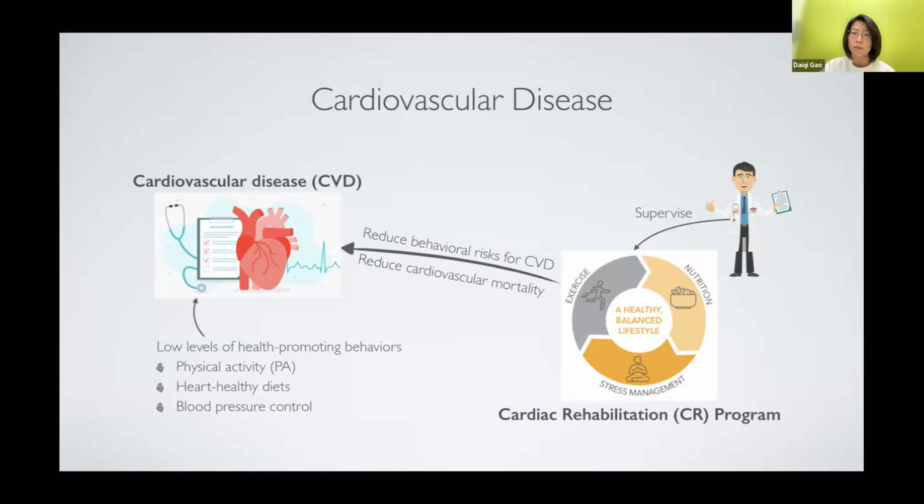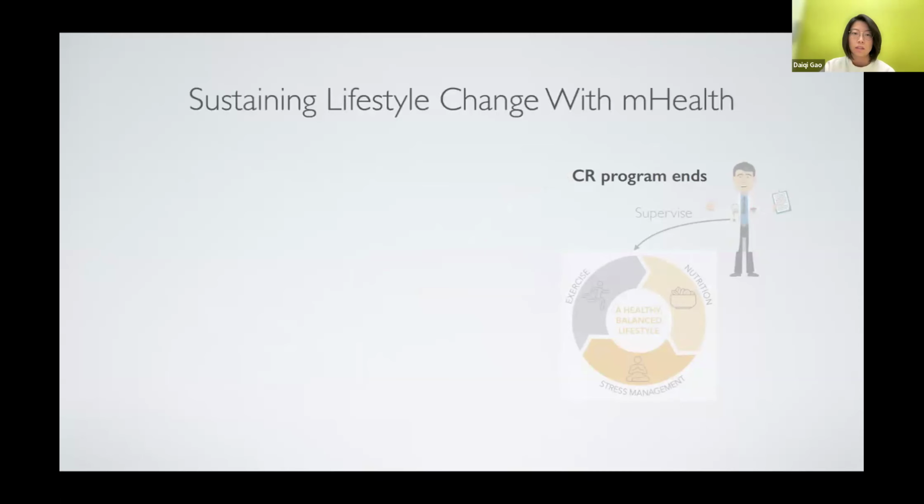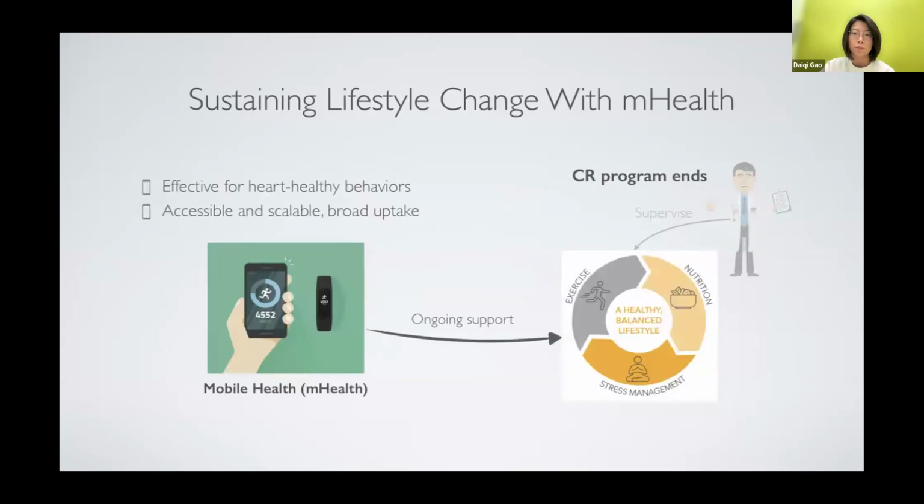And it is shown that this can be effective at reducing the behavioral risks or mortality for cardiovascular disease. But when the program ends, the outside support from the experts disappears, and the heart-healthy lifestyle and benefits for health start to decline. This is when mobile health could be used to help the users sustain the lifestyle change that they acquired during the CR program.